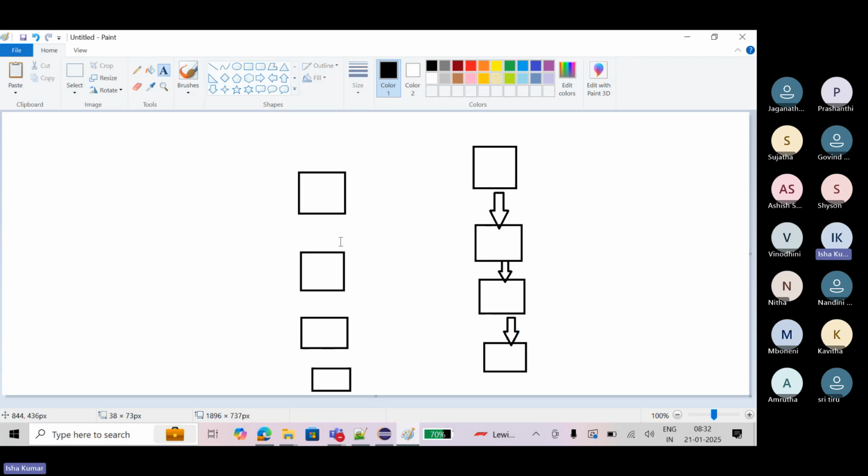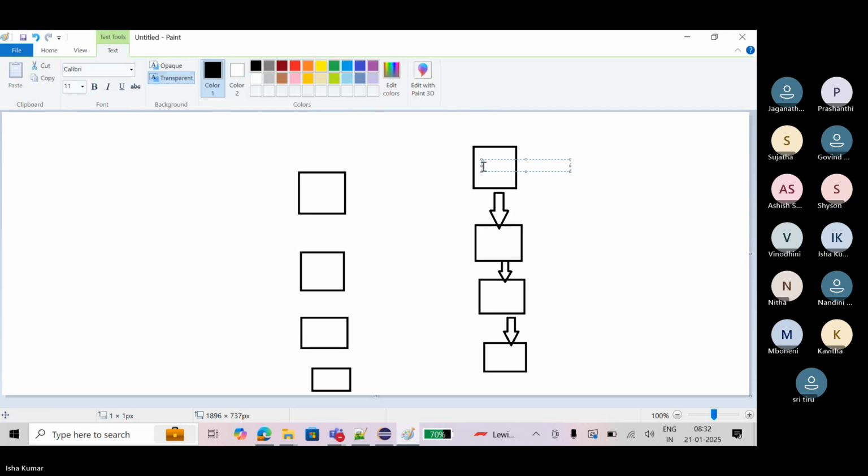This diagram you can ignore. This is A class, this is B class, this is C class, this is D class. You can have multiple classes like that.